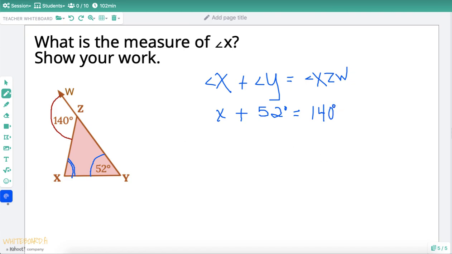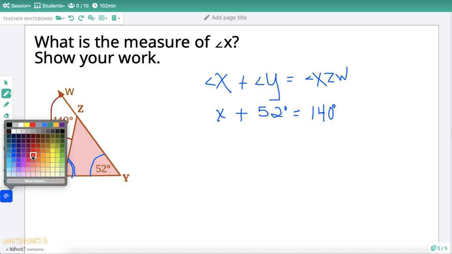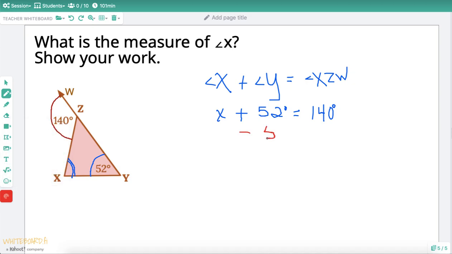So in this case, now I have to go ahead and use my inverse operations to solve this. And I'm going to take away 52 in order to isolate X. And if I do that on the left side of the equal sign, I have to also do that on the right side of the equal sign, so that both sides of the equal sign stay equivalent.